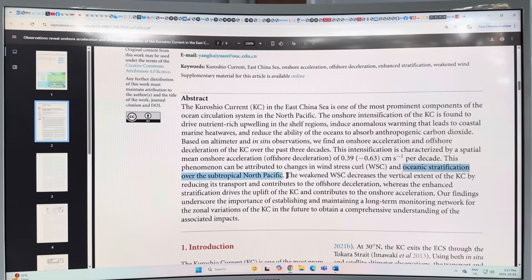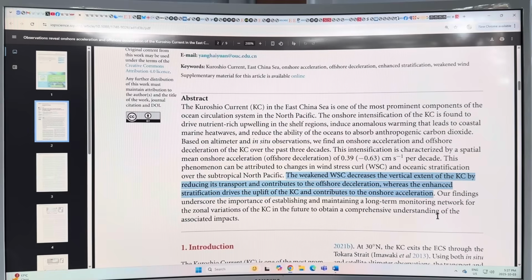So the weakened wind stress curl decreases the vertical extent of the Kuroshio current. It reduces its transport, the flow rates. It contributes to an offshore deceleration of the current, whereas the enhanced stratification drives the uplift of the Kuroshio current, and that uplift of the water from down deeper to lower over the continental shelf contributes to the onshore acceleration of the current.